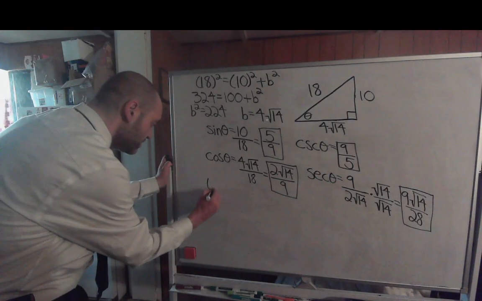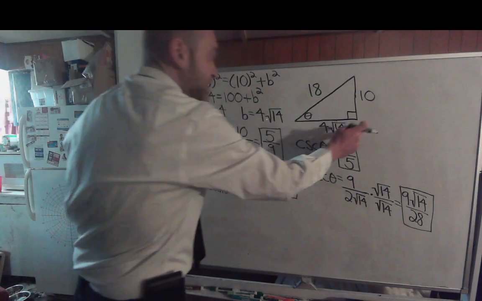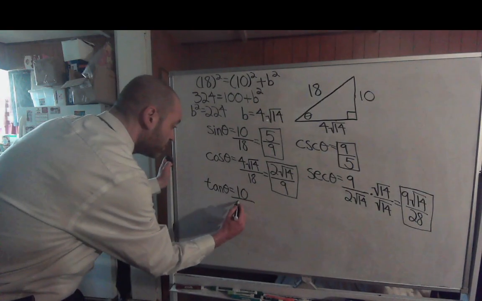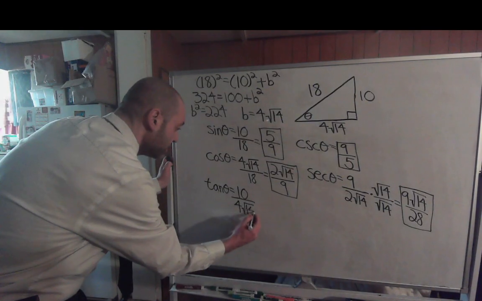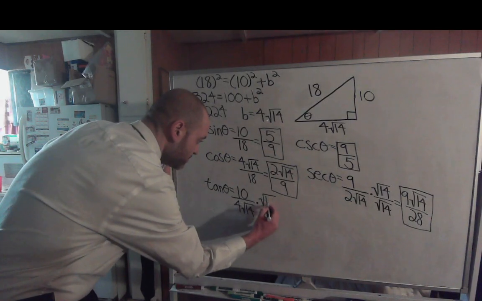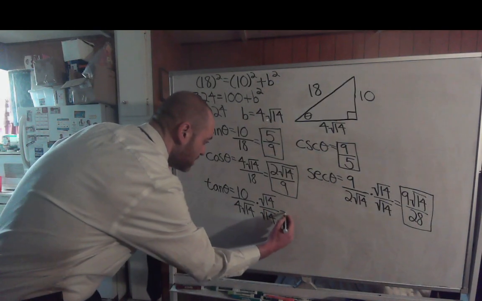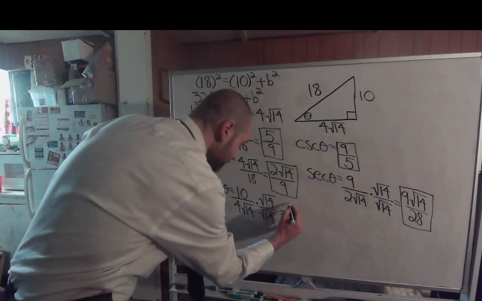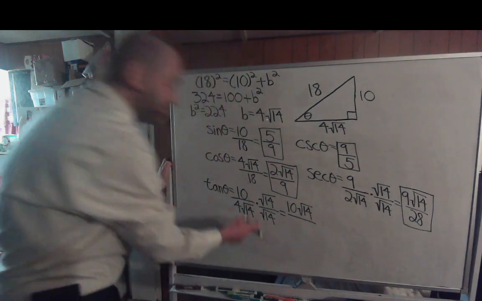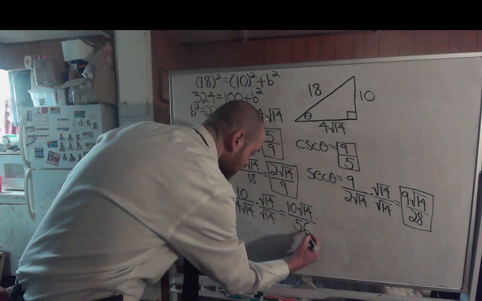We have the tangent of theta, which equals your opposite over your adjacent. So this will be 10 all over 4 times the square root of 14, which, why don't we go ahead and rationalize that denominator. So this will be times the square root of 14 over the square root of 14, which would then end up equaling 10 times the square root of 14 all over 4 times 14, which would end up being 56.